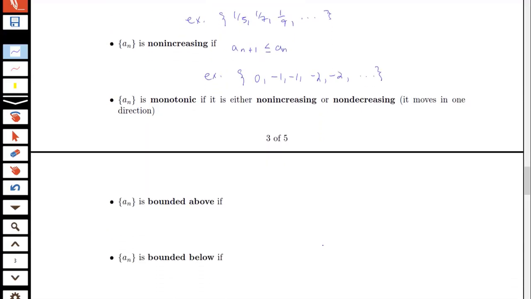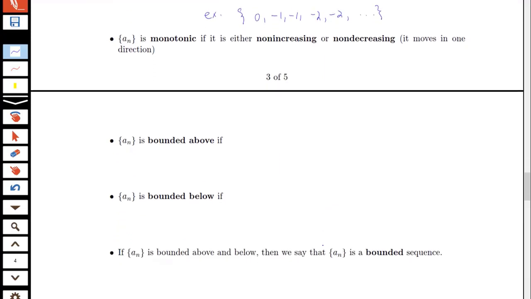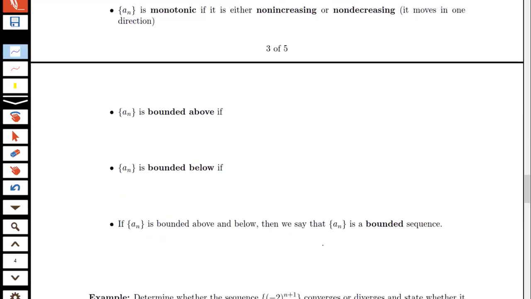So just a few more definitions associated with our sequences. We say that a sequence is monotonic if it's either non-increasing or non-decreasing. Monotonic here: mono meaning one, tonic meaning direction. So it moves in one direction.